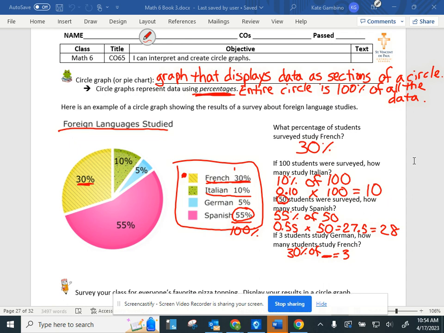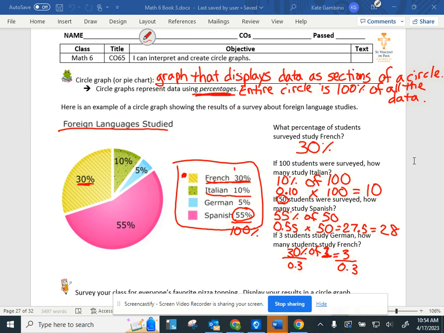So this is what we are searching for. That's our variable that we're solving for. So if this was multiplying, what's the opposite operation to get that total? Divide. So instead of multiplying that 0.3, I'm going to divide by 0.3. What is 3 divided by 0.3?